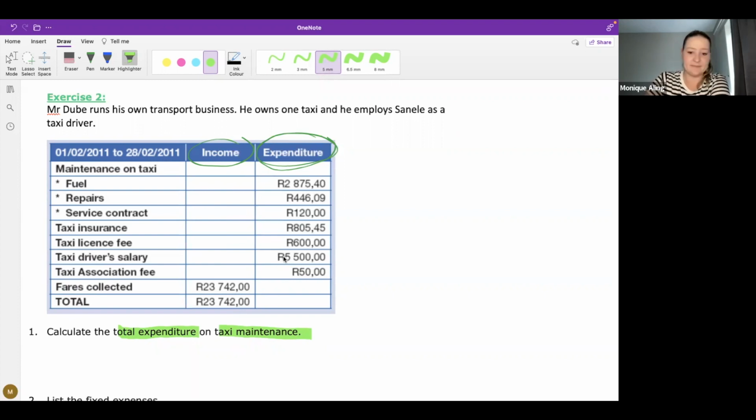Nice, Apiwe. Apiwe showed all calculations. Love it.